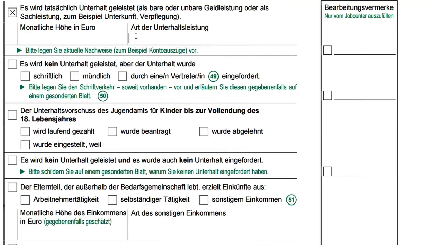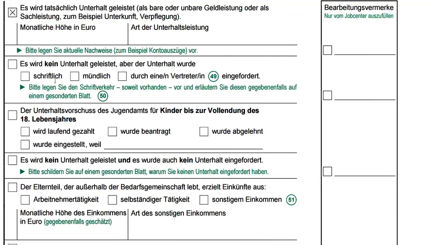And here you write the type or the form in which it has been paid. And you should also send a copy of the current evidence about it, for example, the bank statements about it, to the job center.